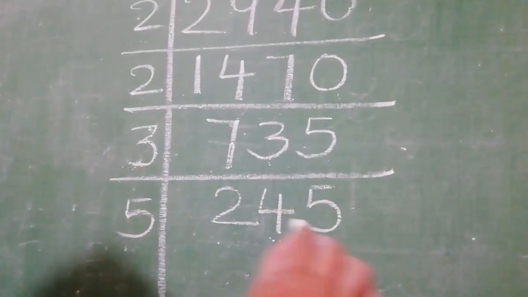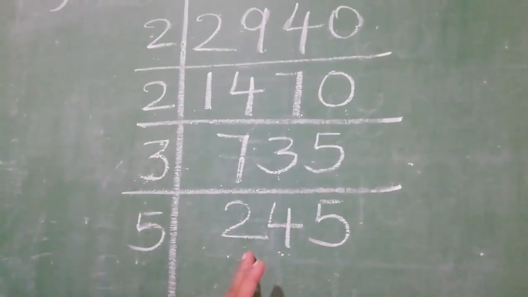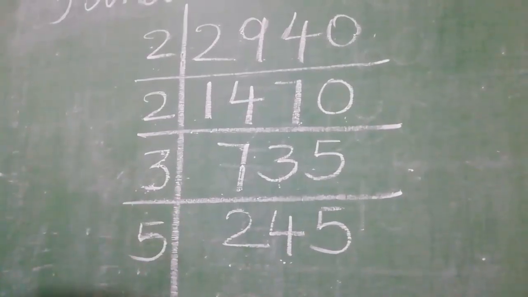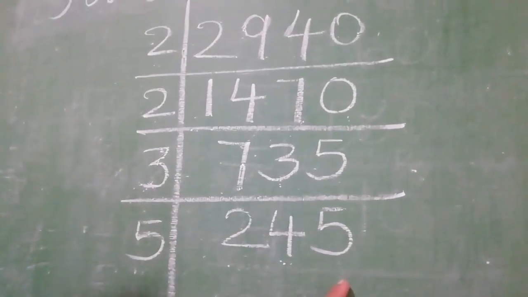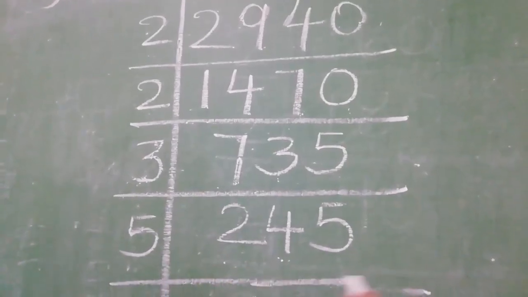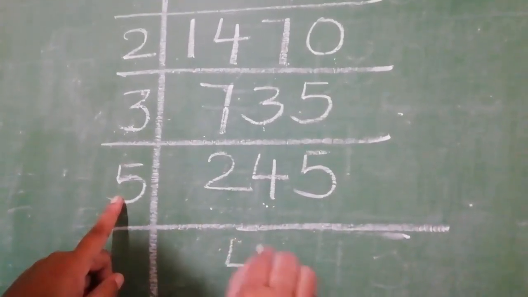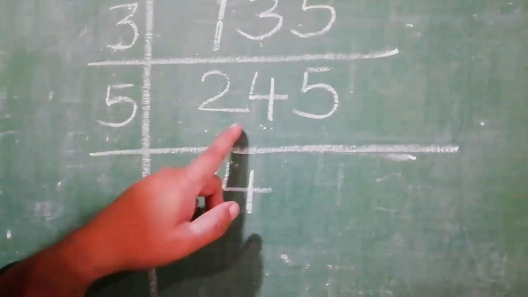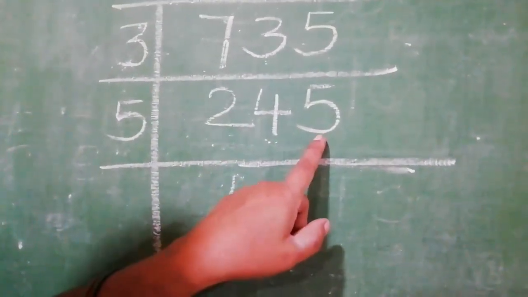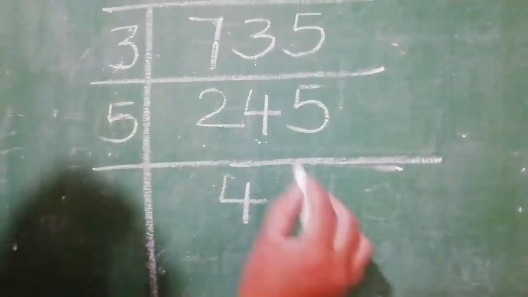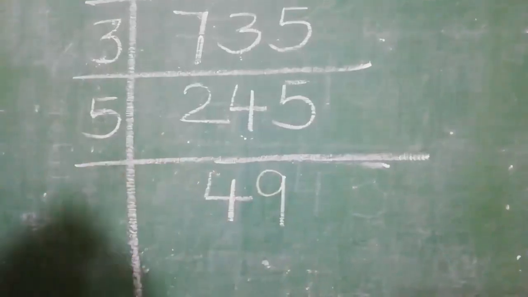Is it divisible by 5? Yes. A number ending with 0 or 5 is exactly divisible by 5. Here the units place is 5, so it is divisible by 5. How many times? 5 fours are 20. 24 minus 20, 4. 4 5, 45. How many times does 5 go into 45? 5 nines are 45.